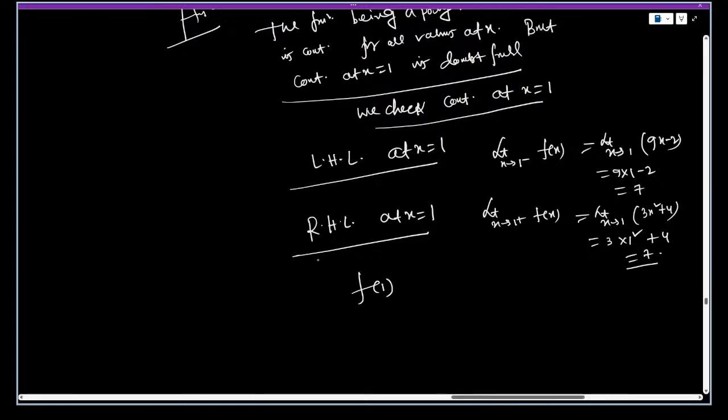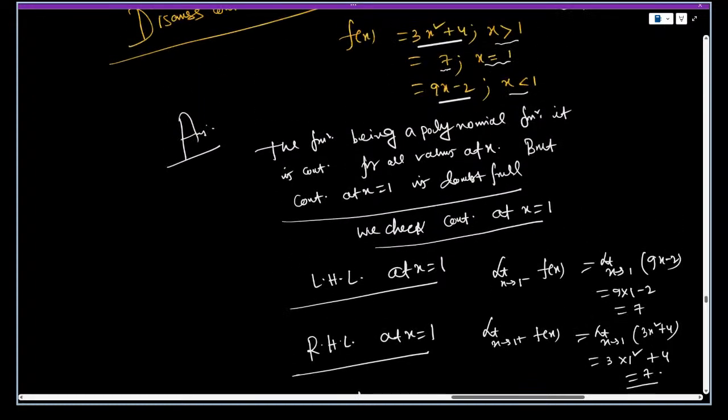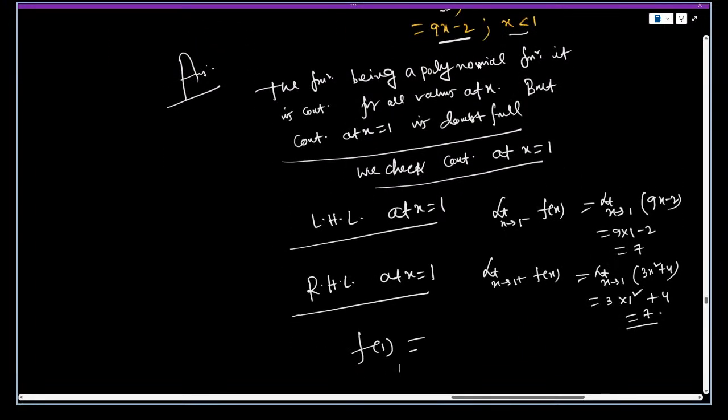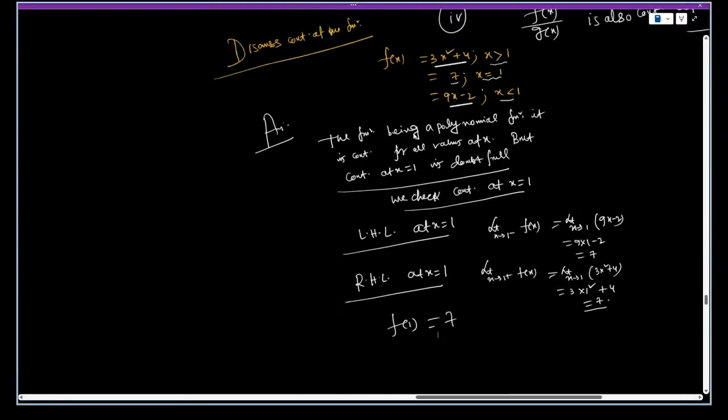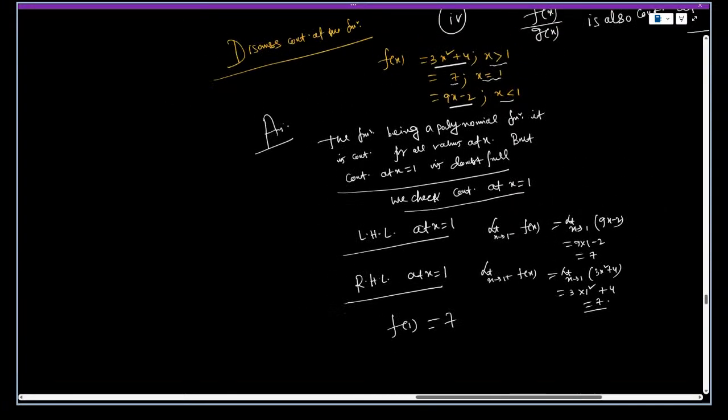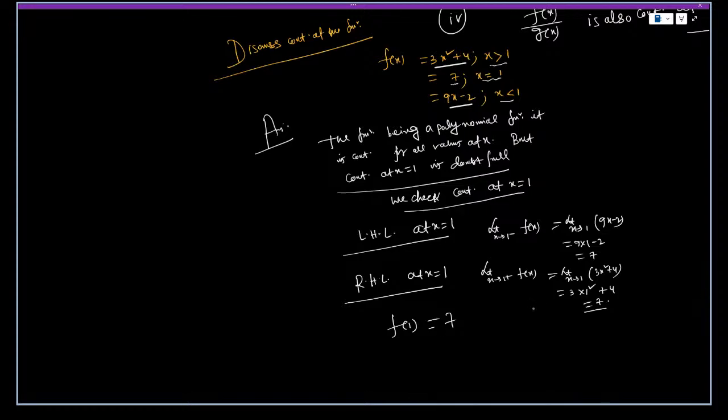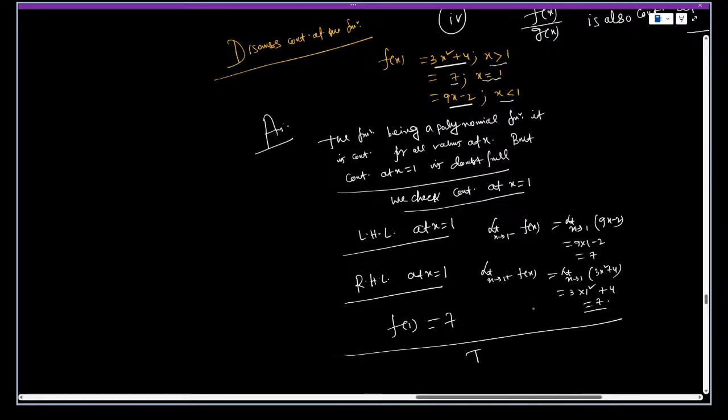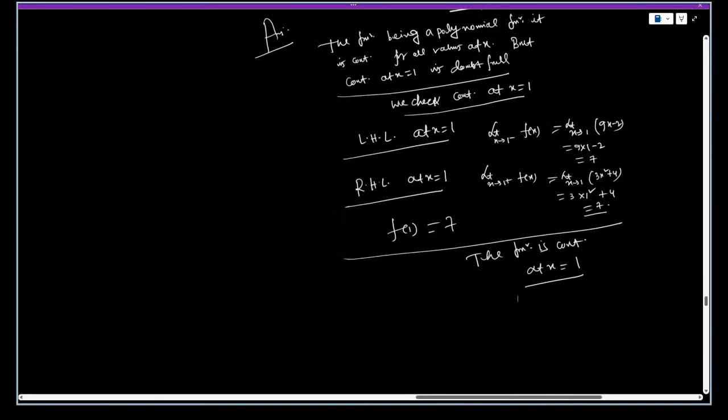And f(1) is what? That also you check at x equal to 1, the value is 7. So you got all these three equal. Left hand limit, right hand limit, functional value equal. So your conclusion is the function is continuous at x equal to 1. It is continuous everywhere.